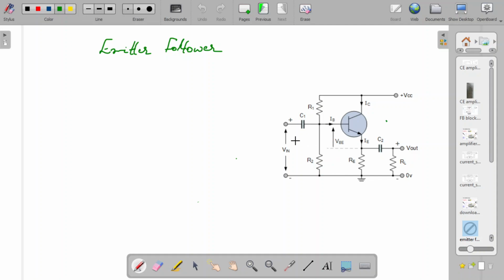You can see that the input signal we give at this point. Then you have a coupling capacitor to filter away the DC component, and then you can see that a plus VCC supply is given, and from there you have two resistors R1 and R2 connected here, and you have learned that this is actually voltage divider biasing, and this provides sufficient biasing for the transistor, right?